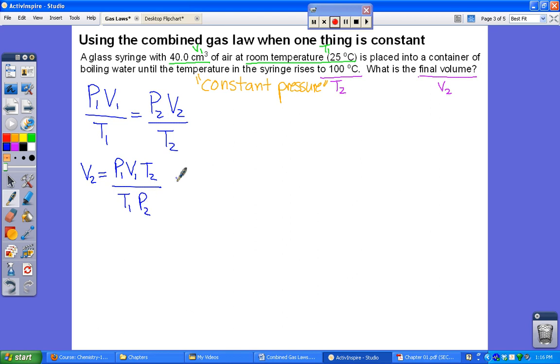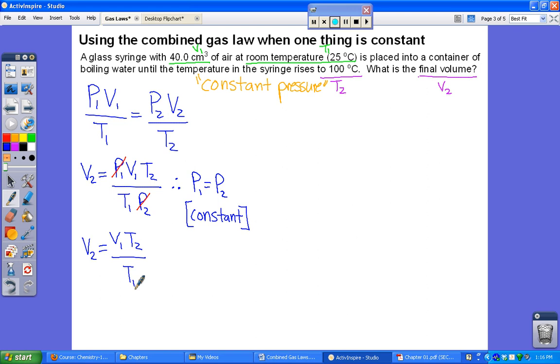But notice that pressure 1 is equal to pressure 2 because they were constant. And if pressure 1 is equal to pressure 2, then they will cancel out. And that will leave us with V2 is equal to V1 T2 over T1.